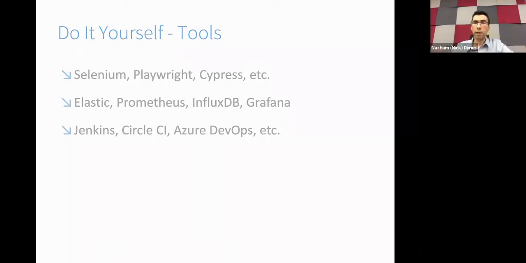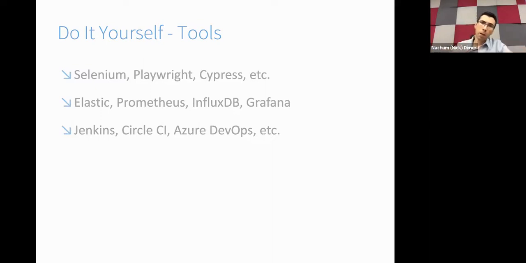I think they provide a great balance between simplicity and power. There are plenty of other open source and commercial solutions: Prometheus, InfluxDB. You can use Grafana based on Elastic, or Prometheus, or InfluxDB, and so on. There are many other great commercial solutions.